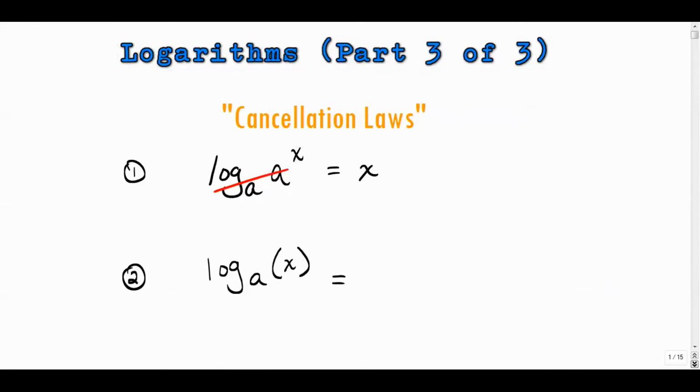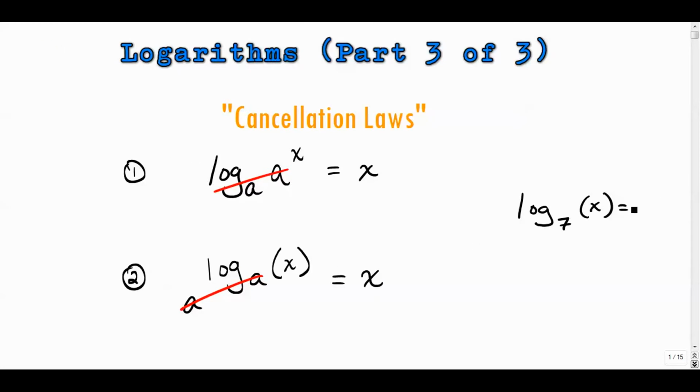The second one is when you have a problem like log base a of x, so maybe log base 7 of x. What you want to do here is get the x by itself, and to do that all you need to do is exponentiate the problem. Take this and raise it as an exponent with a base of a, so you're trying to match this with this. When you do that, these cancel out, leaving you with just the x.